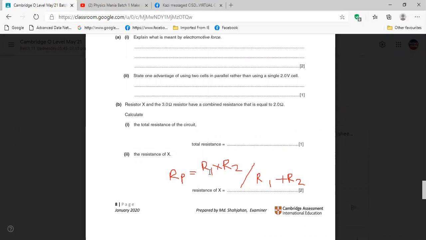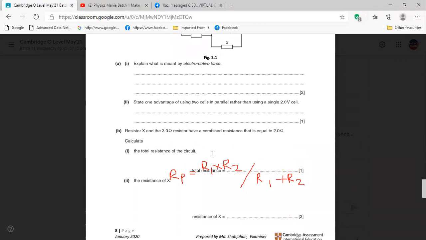Then again you are having 2 R2. R1 into R2 is 3x, then it is 3 plus x, like R1 plus R2. So R1 is given how much? 3 ohm. Okay, very good.